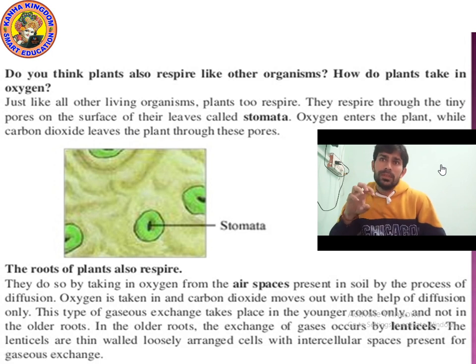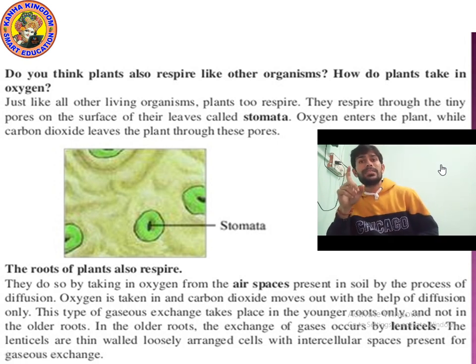So oxygen enters the plant while the carbon dioxide leaves the plant through these pores. At night they take oxygen and leave carbon dioxide, and during the day they take carbon dioxide and leave the oxygen.